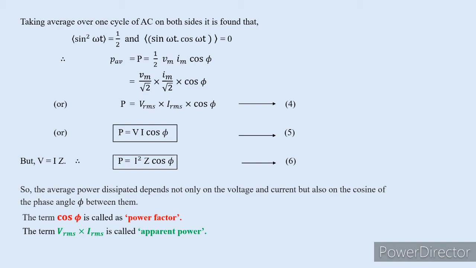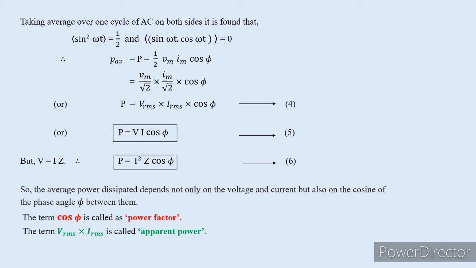That is equal to Vm by root 2 into Im by root 2 into cos phi, or P is equal to Vrms into Irms into cos phi, or P is also equal to VI cos phi, because V is also equal to Vrms, which is equal to Vm by root 2, and I is also equal to Irms, and that is equal to Im by root 2.